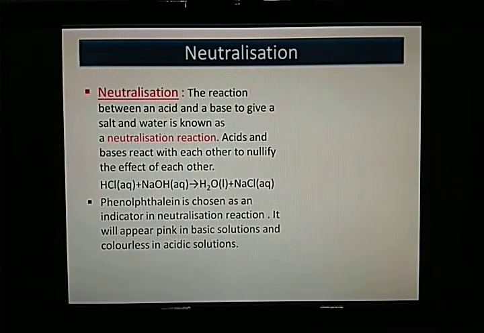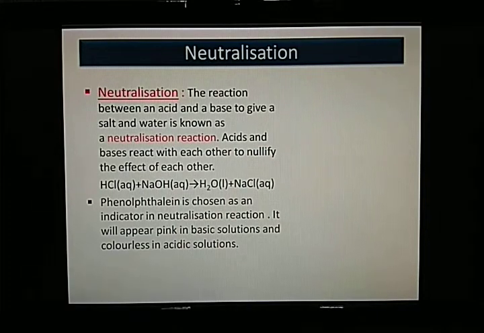So how do we do this? There is an activity given in your textbook, but for doing that you need a laboratory. You have to go to the laboratory and do it. But for the time being, you just understand the whole process. First of all, we take a test tube and fill about 1/4 of it with hydrochloric acid.